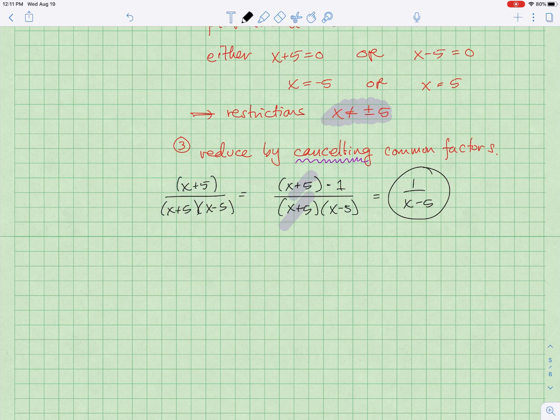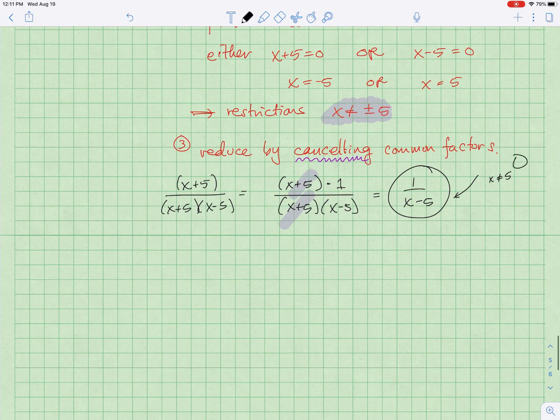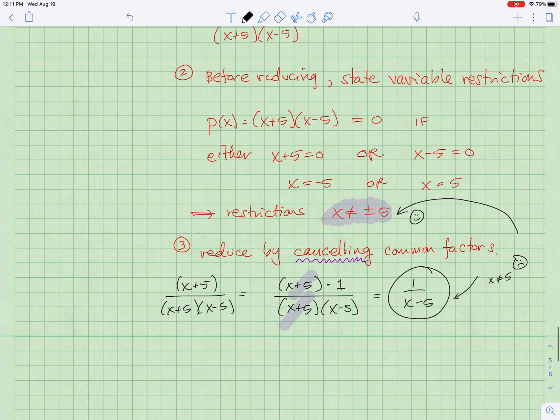So there's our simplified form. We're all done there. I just again want to note that if you look at the simplified form, 1 over x minus 5 here, you might just think that x can't be 5, but it turns out that's incorrect because you have to look at the original form.